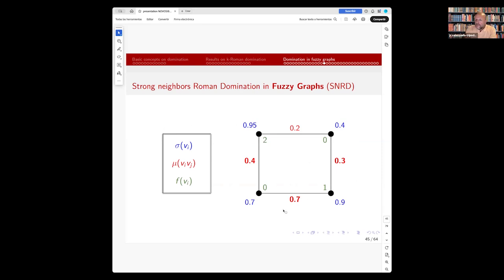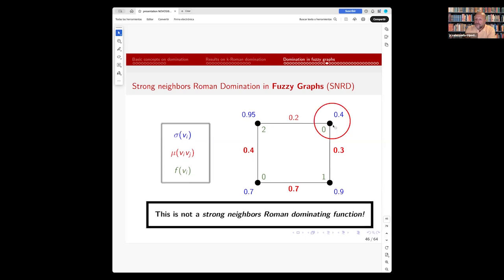Well, in this case this will not be a Roman dominating function, even if in the underlying graph, if we forget the sigma values and the mu values, of course, we have a Roman dominating function in C4, because every vertex with label 0 is adjacent to this one, which dominates it. In this case, not, because this vertex does not have a strong neighbor which dominates it. It's because this edge is not a strong edge, as we said before.